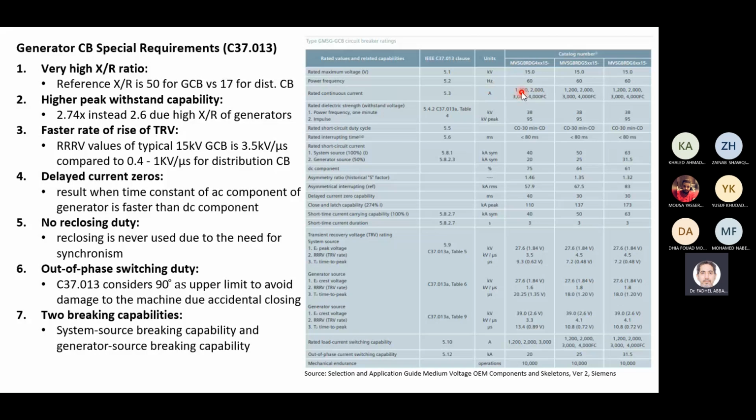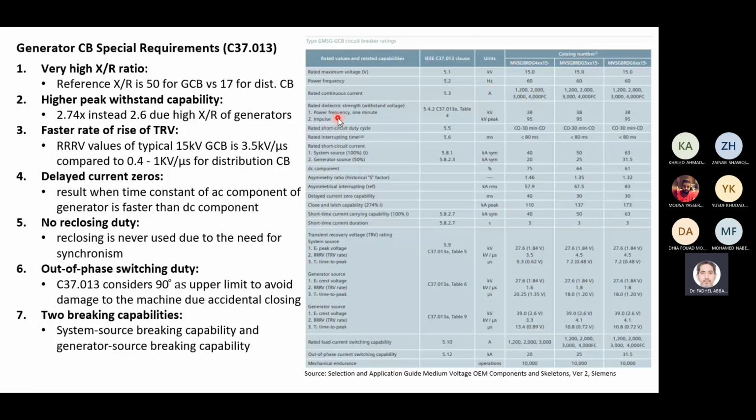So this is the rated current of the circuit breaker. When I select a circuit breaker, this rated current has to be higher than your full load current. Okay. Now we go to here.